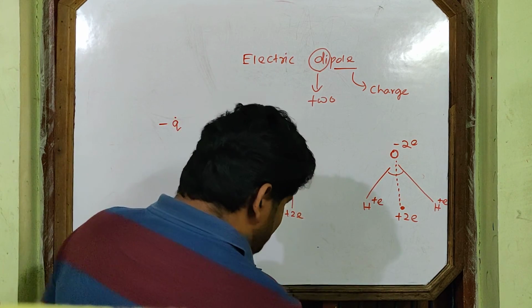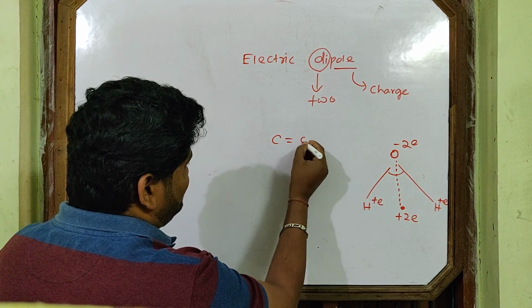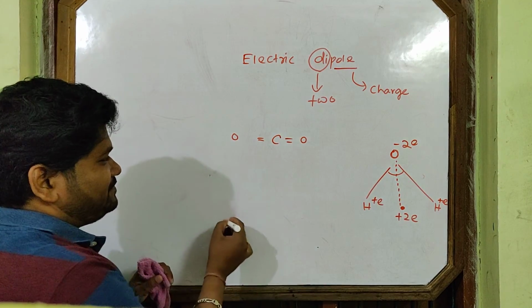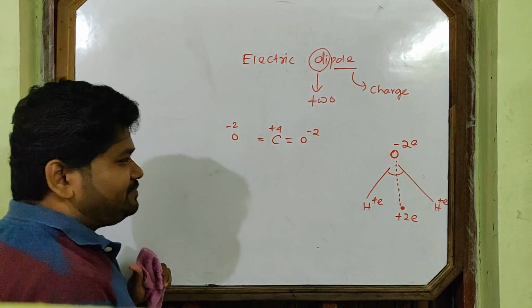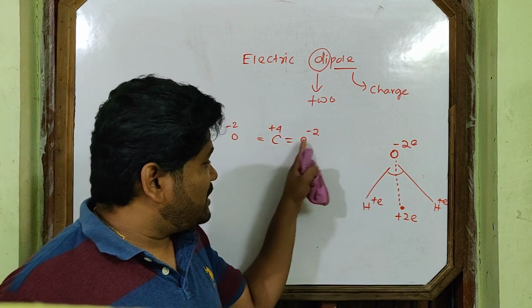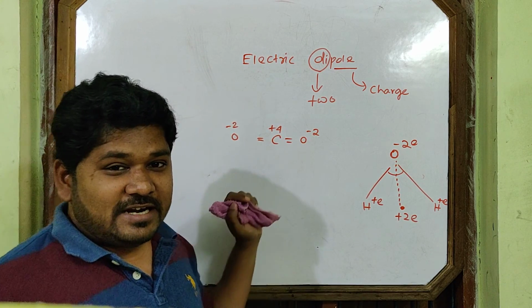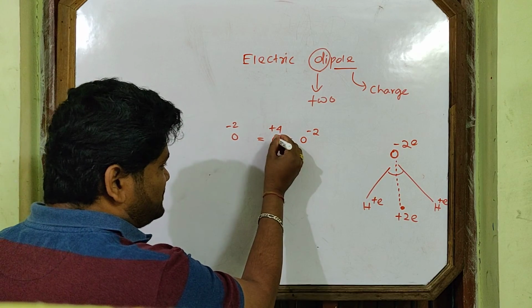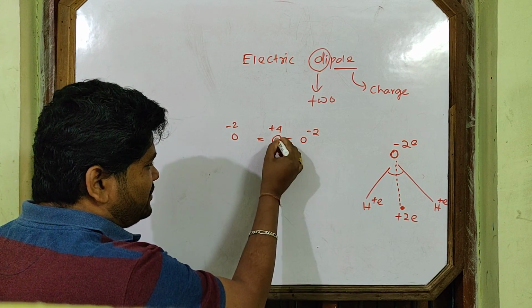I am giving one example, you see. Carbon dioxide, CO2: plus 4, minus 2, minus 2. Total charge is minus 4. Where is the center of the minus 4? This is the plus 4 center. Where is the center of the minus 4? It also lies on the plus 4.